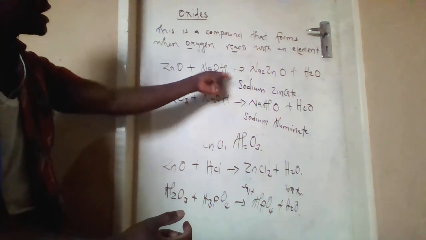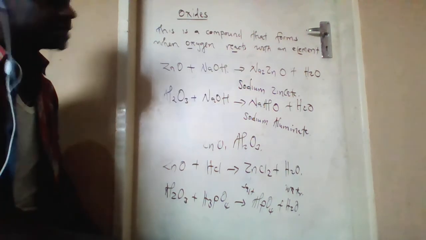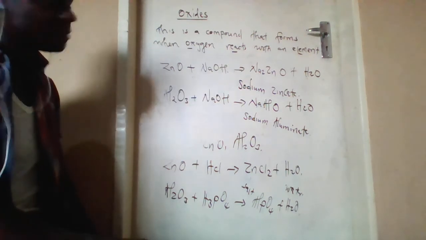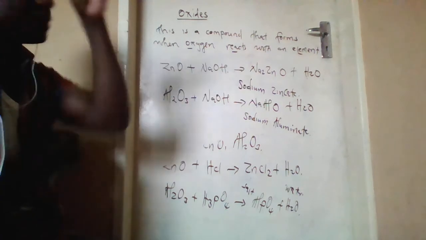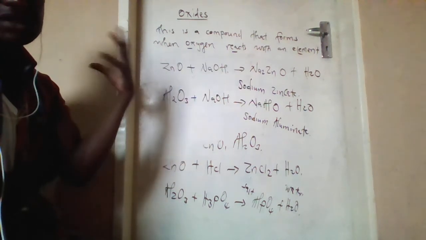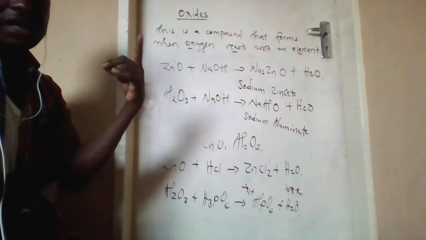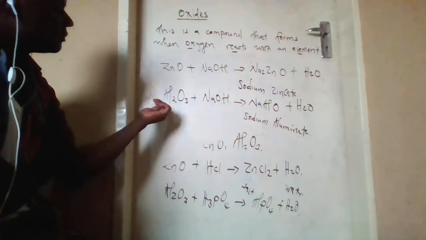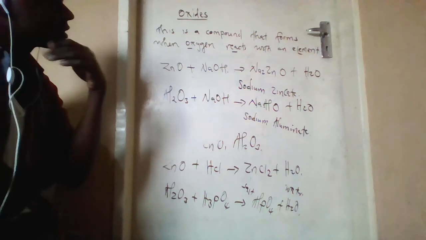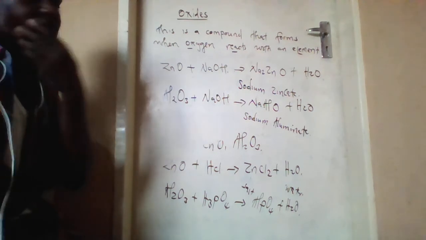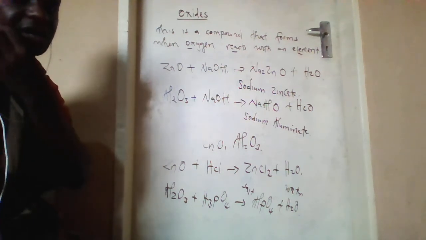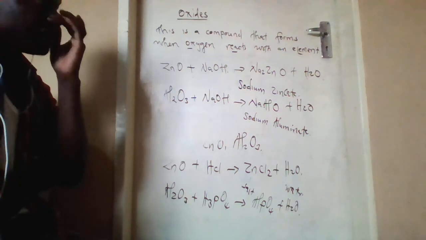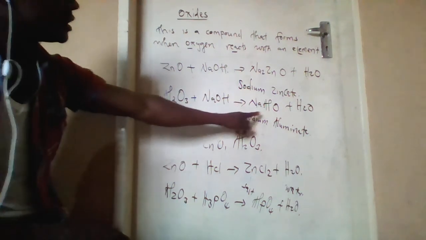We're going to have a salt, sodium zincate, an example of a double salt, plus water. Why are we saying double salt? Double salts are salts that have more than one metal in them. The other one is aluminium oxide plus sodium hydroxide, which produces sodium aluminate, an example of a double salt because it contains two metals.